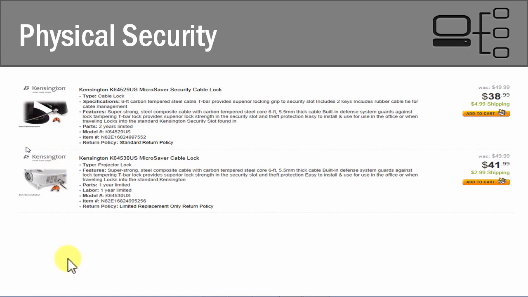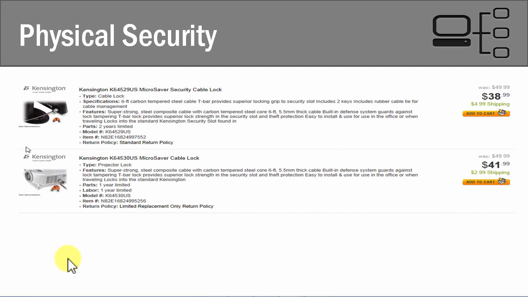A lot of people tend to not think about physical security as part of the design process, but if you're not securing your networking equipment, somebody could just walk out the door with it. They could go into your network closet if it's not properly locked, and they could just take one of your switches or whatever and unplug them and walk out with them. They could go into one of your offices and take one of your desktops if they're not locked.